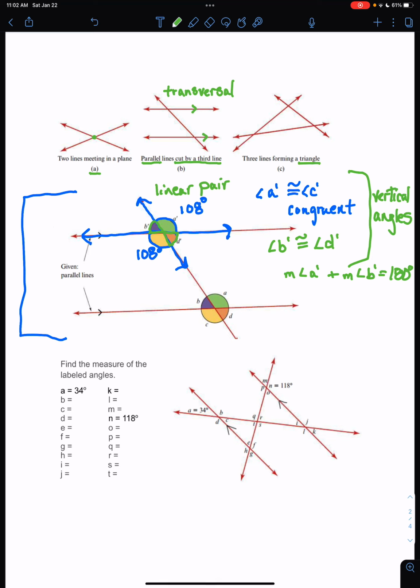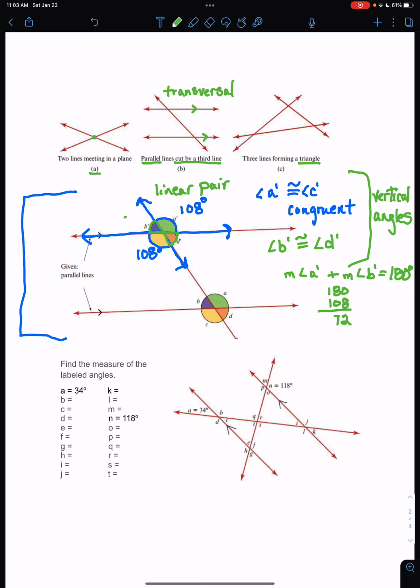So if we know that A prime is 108 and we want to add that to B prime to be 180 degrees, we could take 180 minus 108, and we would get 72.